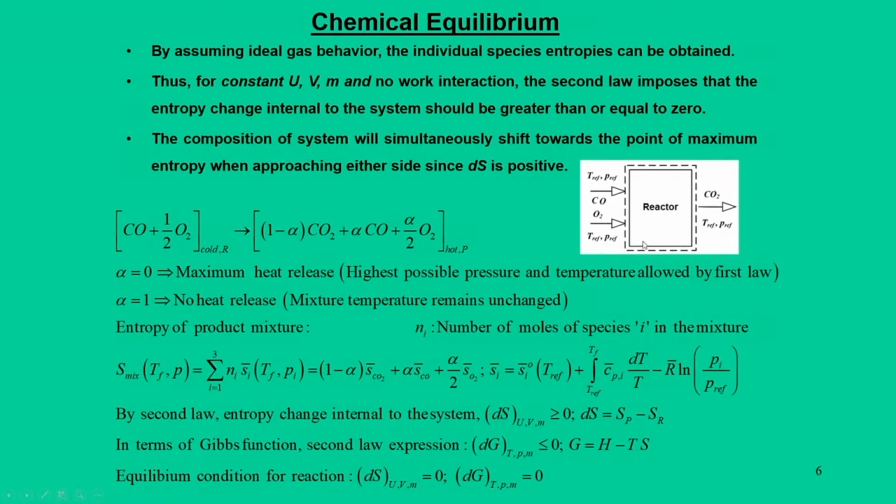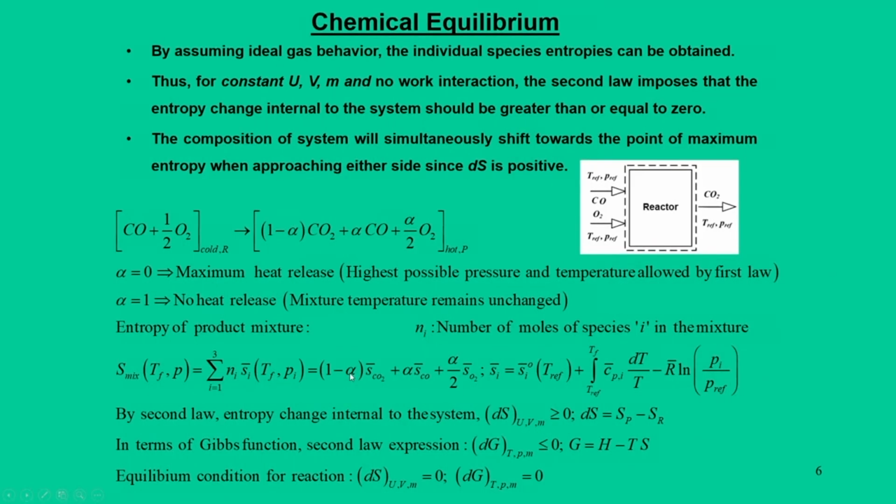We have already assumed, to analyze this system, ideal gas behavior for the individual species, and since there are no work interactions, internal energy remains constant, with fixed volume and mass. So, what other parameter is required? It is nothing but your entropy. Now, by looking at these equations, we need to calculate the mixture entropy, and we already explained how, for an ideal gas mixture, we calculate the mixture entropy at a given temperature and pressure.